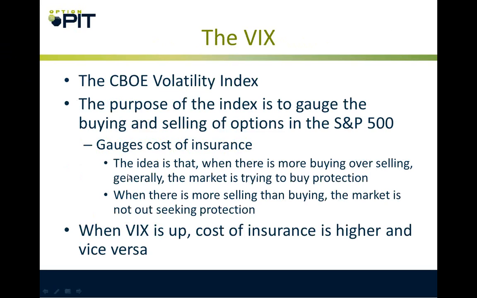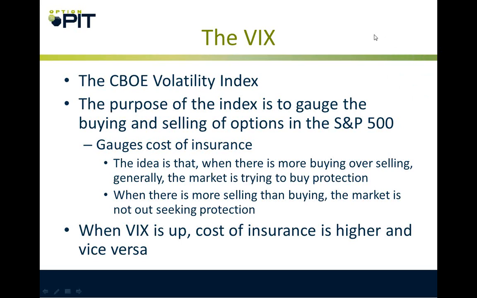So the VIX. The VIX is the CBOE Volatility Index. The purpose of the index is to gauge the buying and selling of options in the S&P 500. My friend Alex Jacobson likes to say it gauges the cost of insurance. When there's more buying of options, which is buying of insurance, generally the market is trying to buy protection.